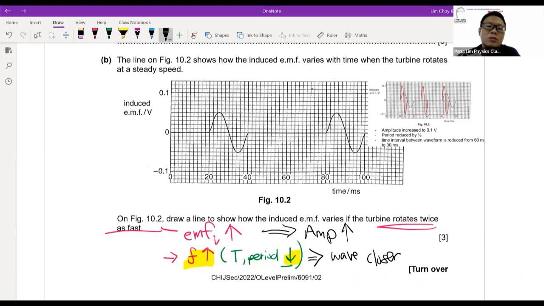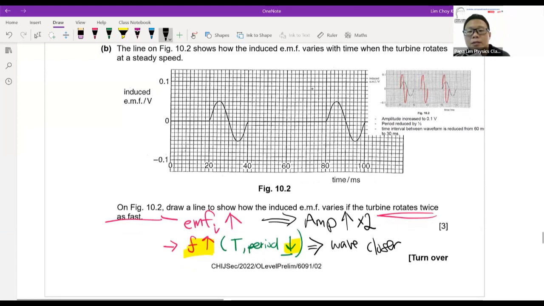In this case, the question talks about rotating twice as fast, which means the amplitude will actually increase, and not just increase, it will actually increase by a fixed number: twice, double. And your waveform's period will actually reduce, and because you have rotated twice as fast, the period will be shorter by how much? Shorter by half. It will be half the period.